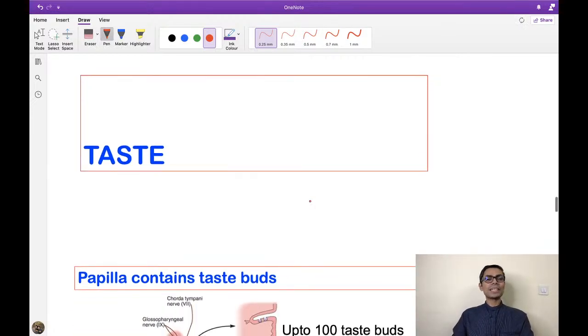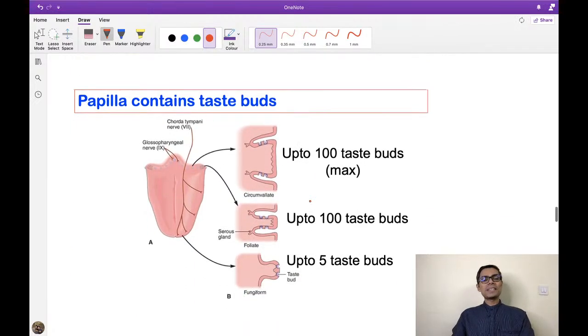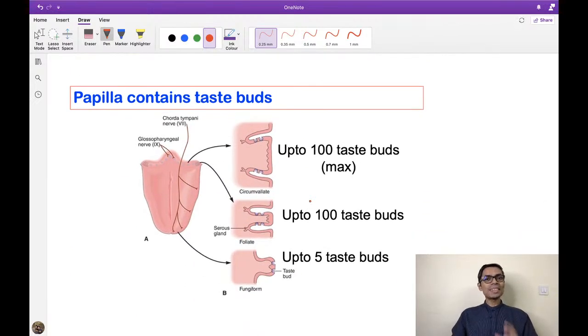But before that we are going to discuss the second one, that is the sense of taste, or gustatory sensation. Now, for the sense of taste, all of you know that the specialized organ is located at the surface of the tongue, right? At the surface of the tongue there are some little elevated areas known as papillae. What are the different types of papillae?